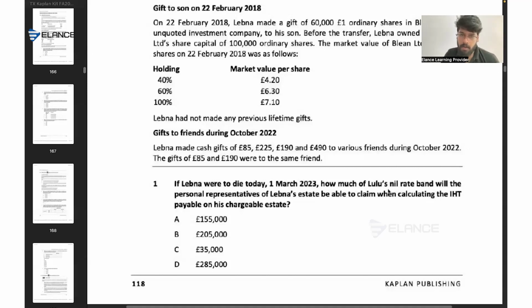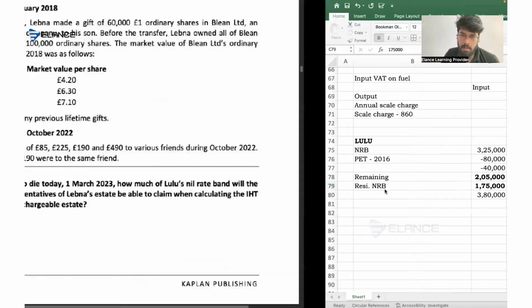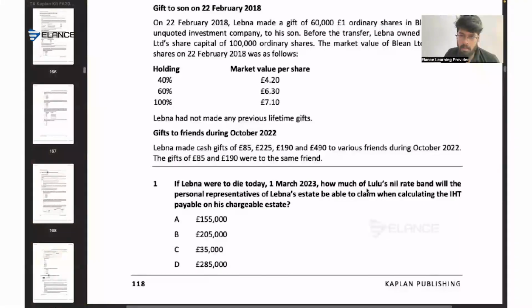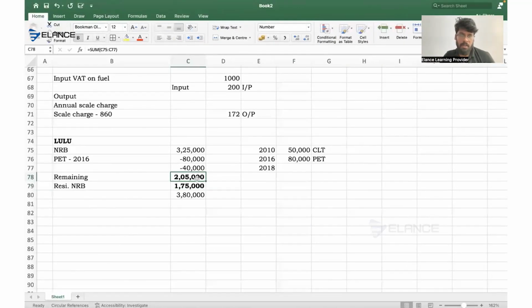Here they only mention how much of Lulu's nil rate band can be transferred. They only mention the normal nil rate band, so they can transfer 205. So the answer will be 205.